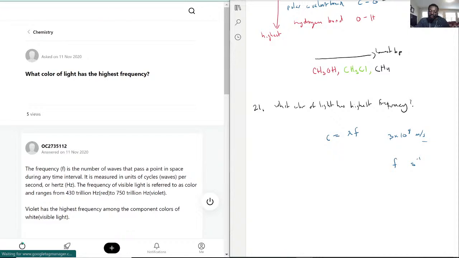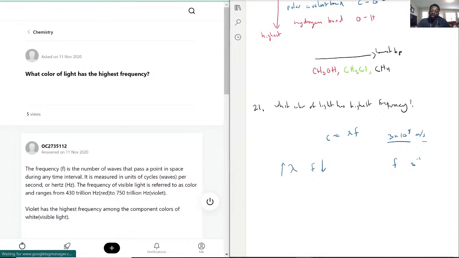But enough of that. The relationship is that the product has to equal a constant, so as wavelength goes up, frequency goes down.